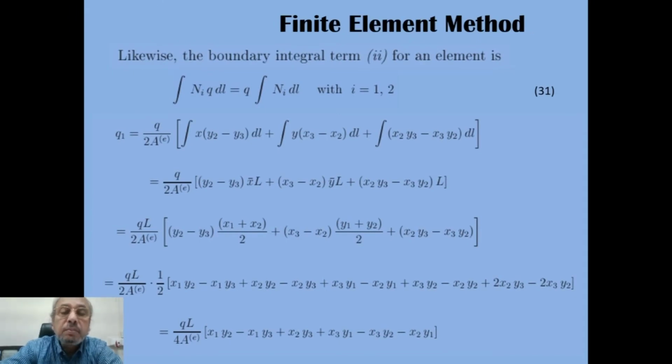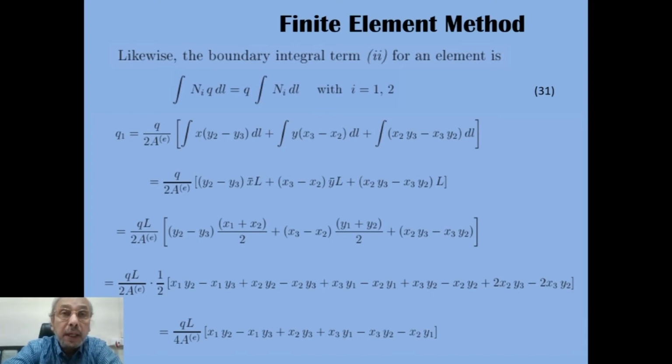Now the next term we'll take up is term 2, which is the integration of heat flux on the confining surfaces, that means on the boundary of the domain.